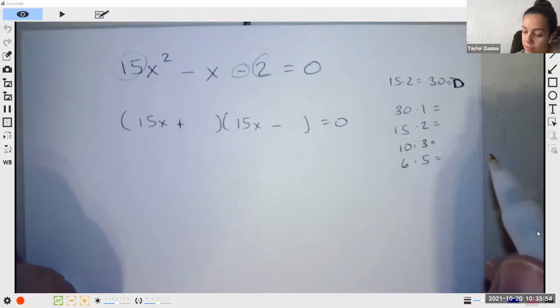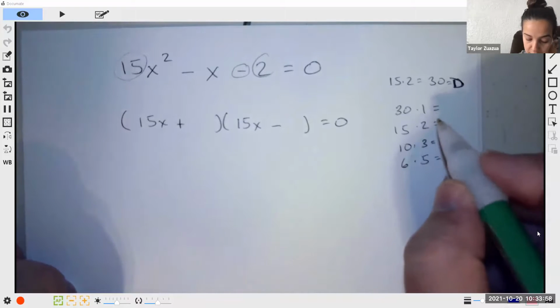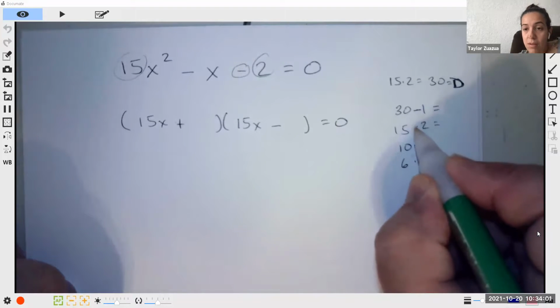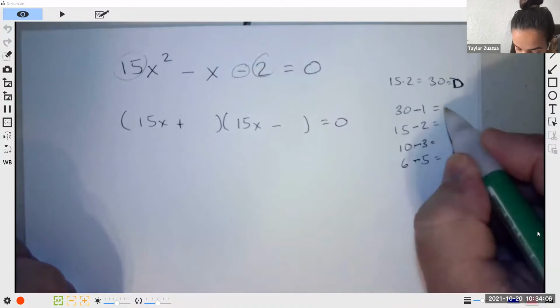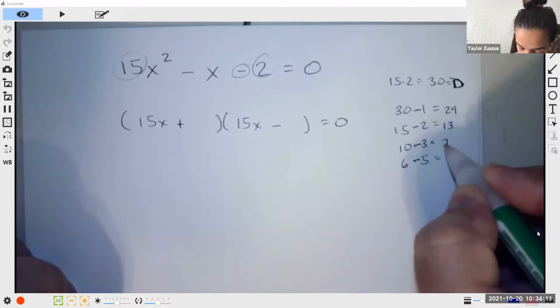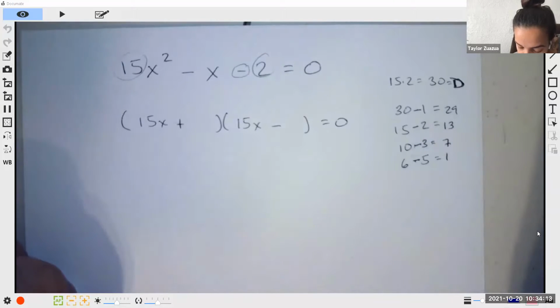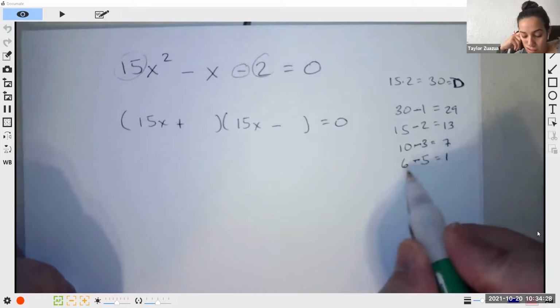After we determine all of those that equal D, use the second sign to get the second term. The second sign is negative, so minus. So that equals to 1, so it's going to be 5 and 6.